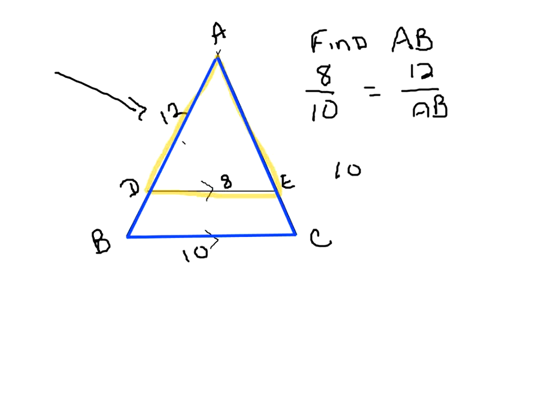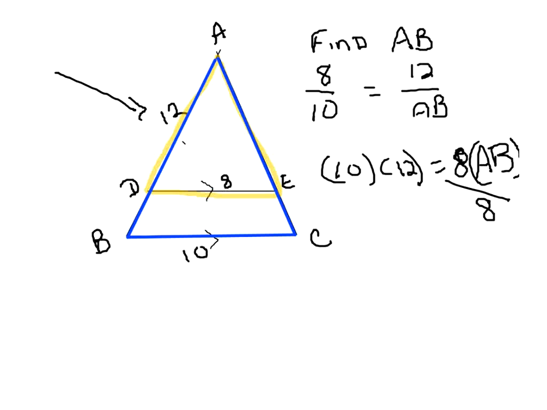Okay, so 10 times 12 would equal 8 times that AB. So if I want to find AB, I just divide both sides by 8, just like when I had an x there.